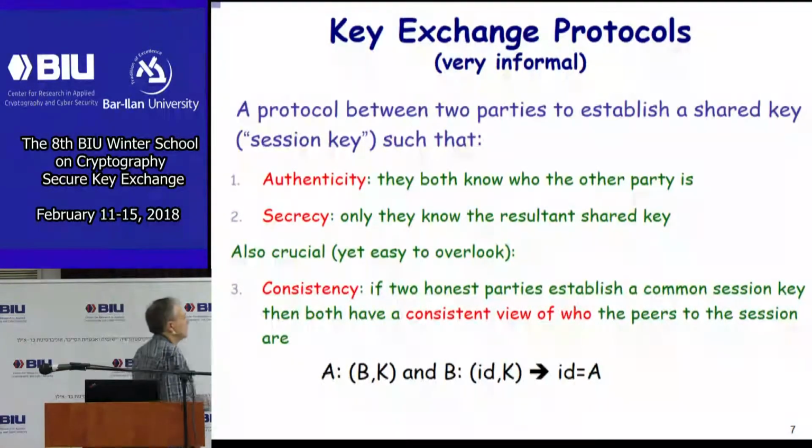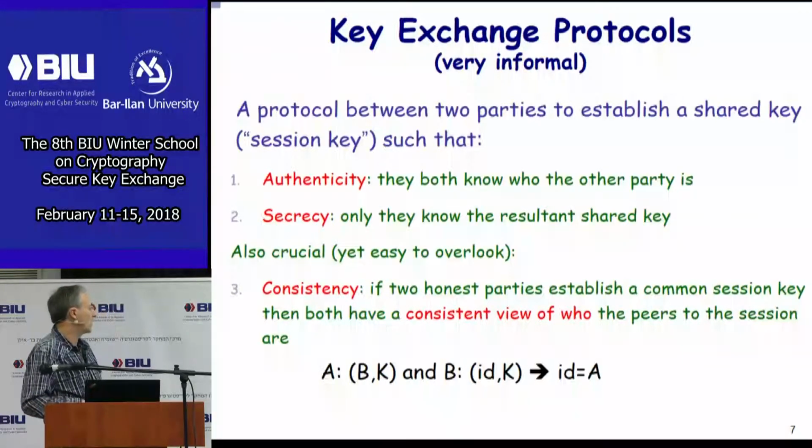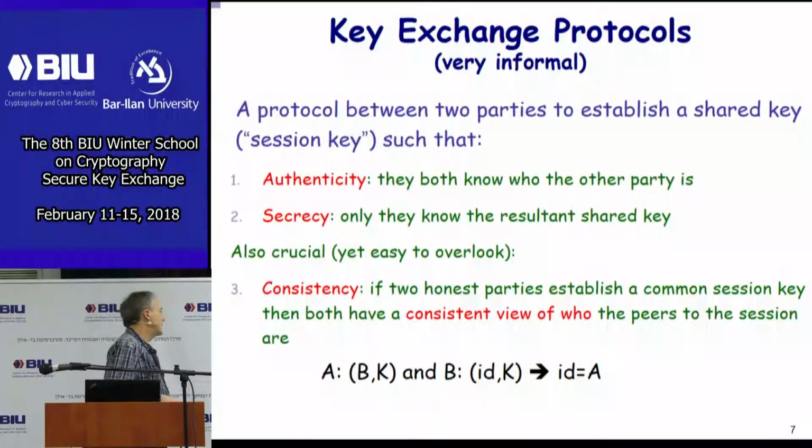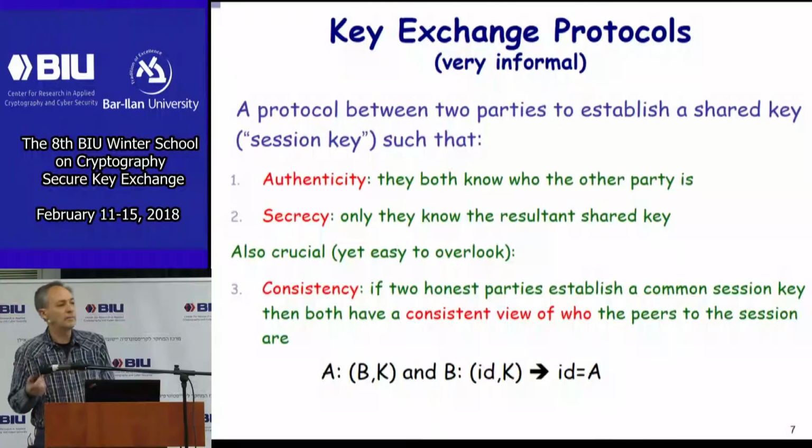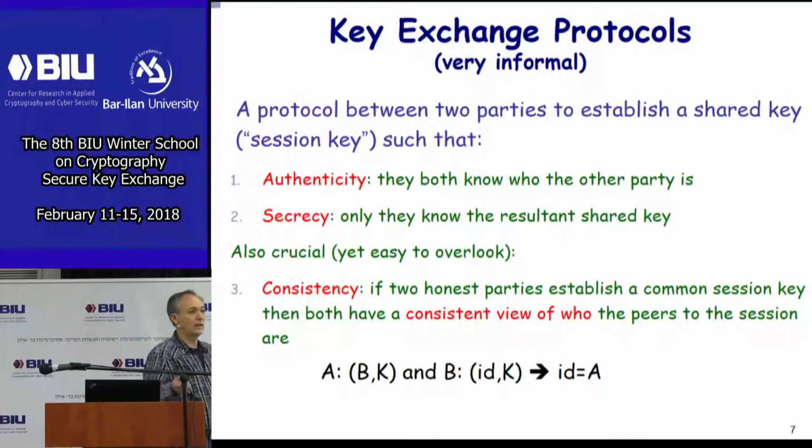Now, an element that is very important and usually overlooked, I mean, it doesn't come with the basic intuition, is what I call consistency, which means that not only do you want to know who you are talking to, you want to make sure that the other party has the same view of who the interacting parties are. So if Alice ends the protocol with the knowledge that she exchanged a key K with Bob, and Bob exchanged the same key K with some identity, then we want that identity to be Alice.